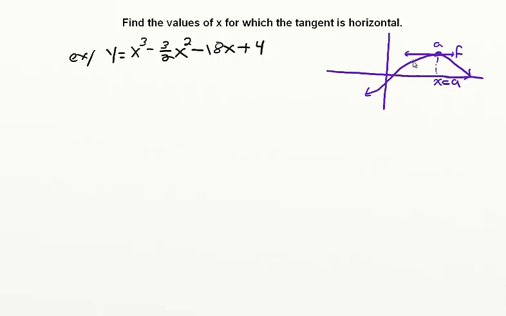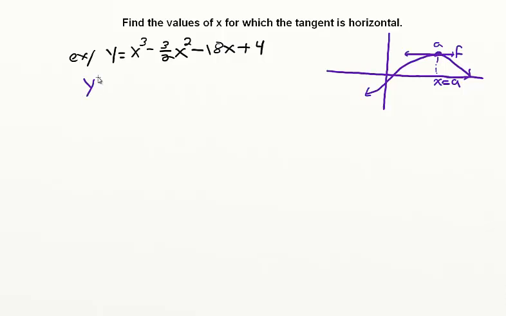Now, the slope being equal to 0 is equivalent to the derivative of f at that point also being equal to 0. So, for this function over here in our example, which is not the same function, I just drew a different function over on the right here. But for this function on the left, if we want to find where the derivative is equal to 0, we're going to need to first differentiate.